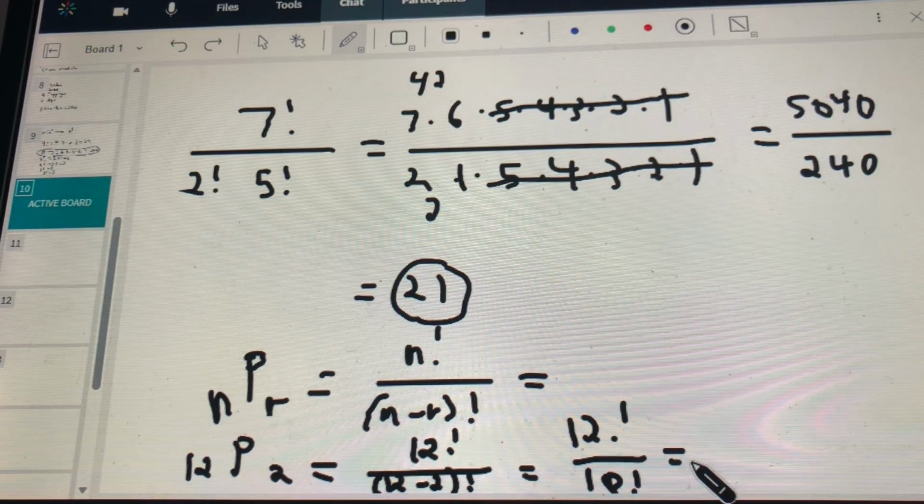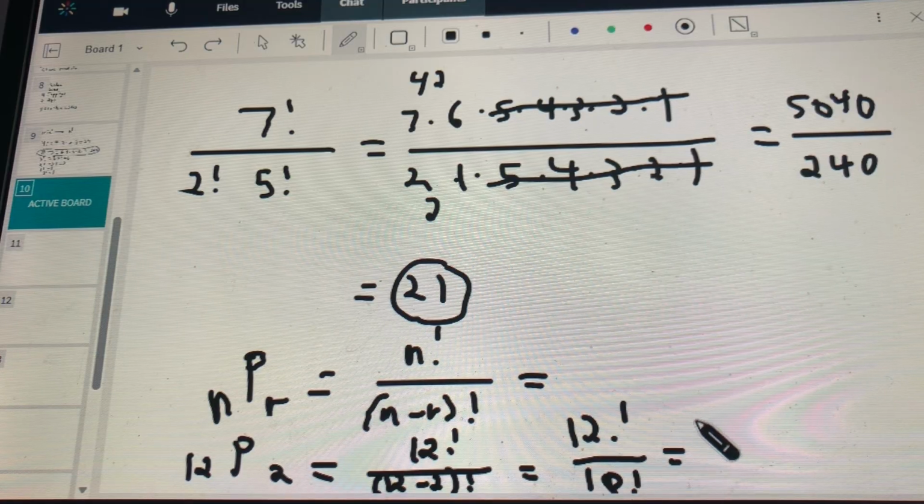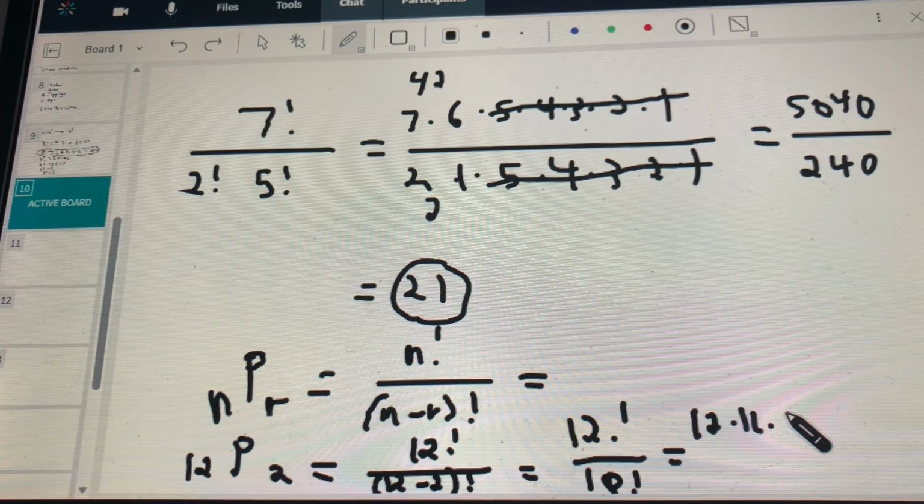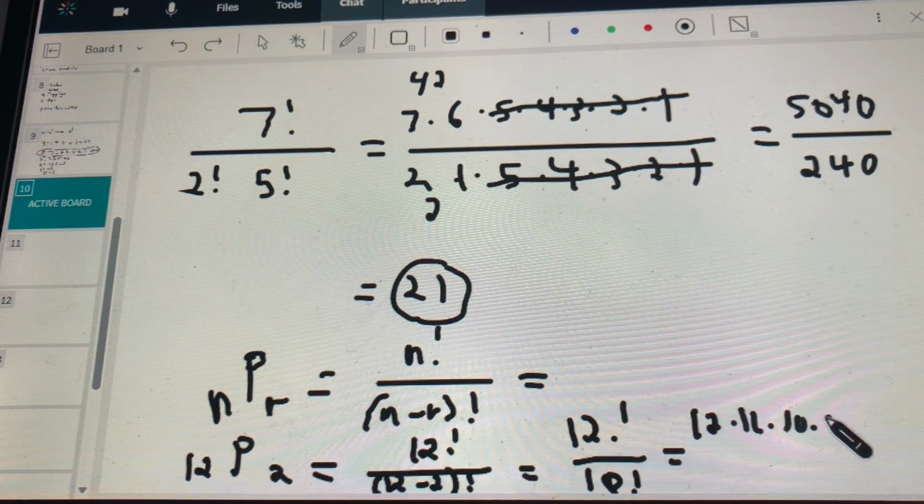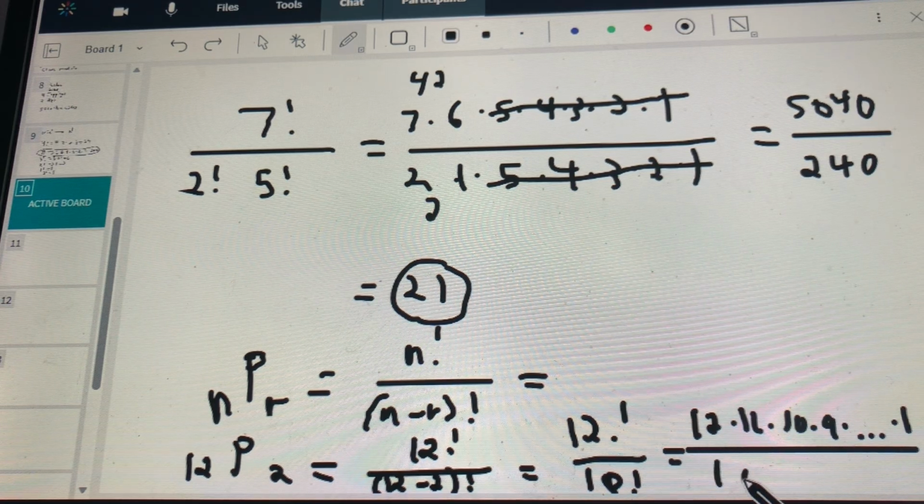Now, you can do this out if you want. You can go 12 times 11 times 10 times 9 all the way down to 1, and then in the bottom do 10 times 9 all the way down to 1 and divide the 2 answers if you want to. But it takes a long time to even do that with a calculator. The nice thing is, look what happens here. 12 all the way down to 1 is what the top is. And the bottom is 10 all the way down to 1.